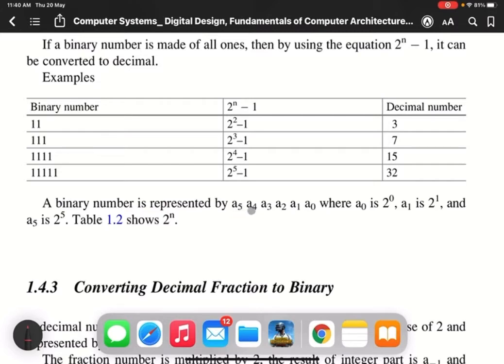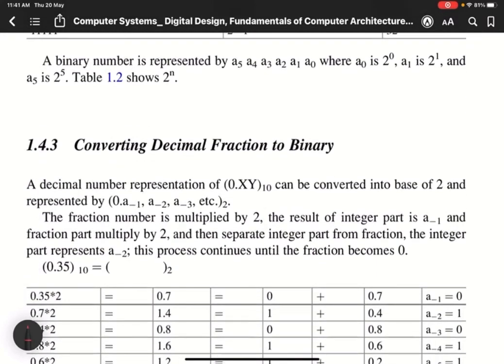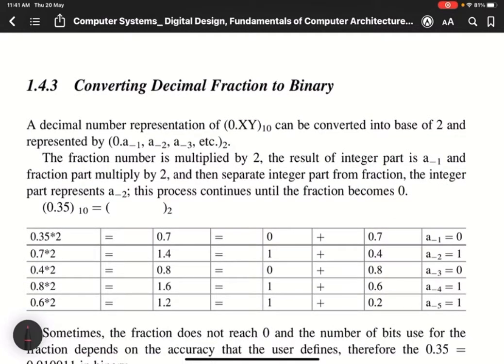So A5 yung first position, yung unang sinusulat natin, pabalik. Okay? So where A0 is 2 to the 0 and A1 is 2 to the first exponent until ma-reach natin si A5 which is represented by 2 to the 5th power. Okay? Next, we have converting decimal fraction to binary.